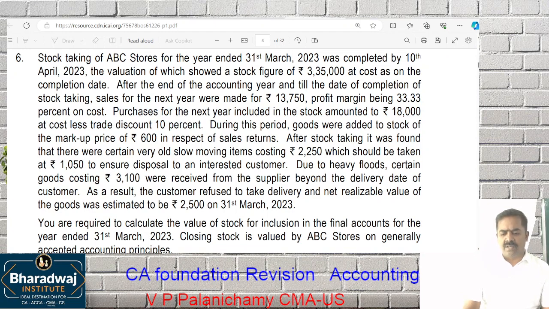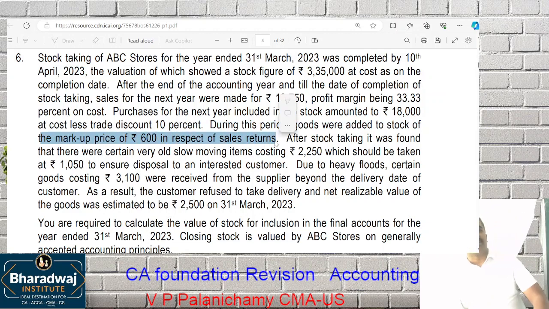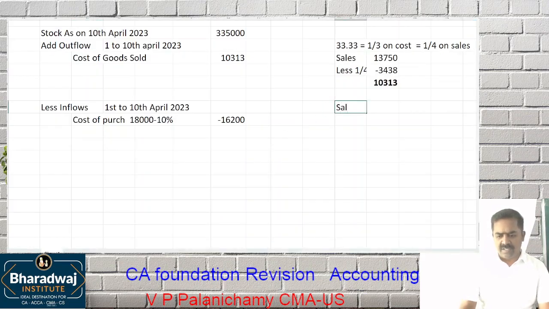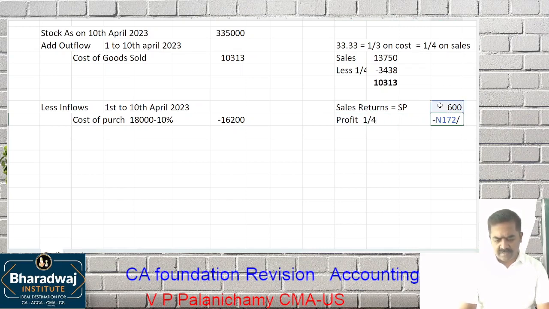During this period, goods were added to the stock at a market price of 600. Market price is nothing but selling price. Sales returns are given, wait. What is the sales returns? This is given at selling price 600. What will the profit margin be on it? 1/4 on sales.